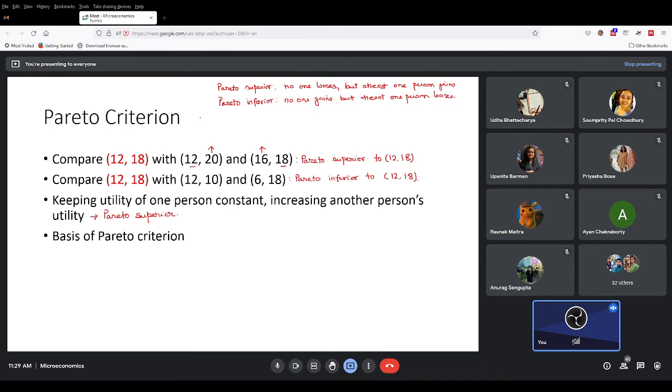Okay, so if I look at a 3-person case society, let us say 3, 12, and 6. What is a Pareto superior state? Right. So B will be indifferent, but A and B are both gaining.